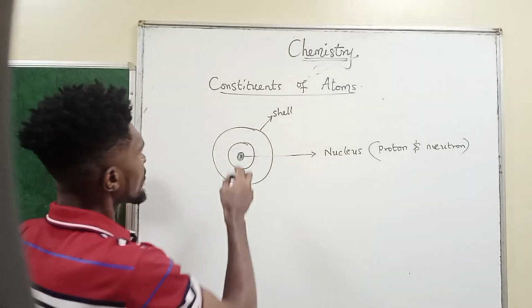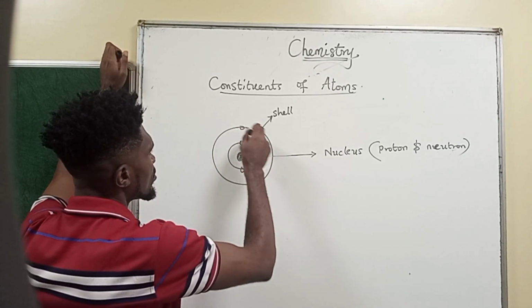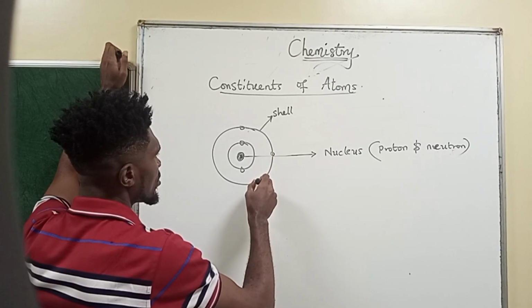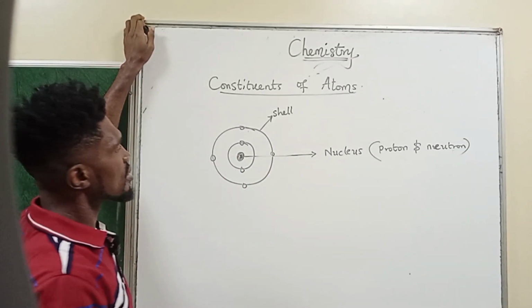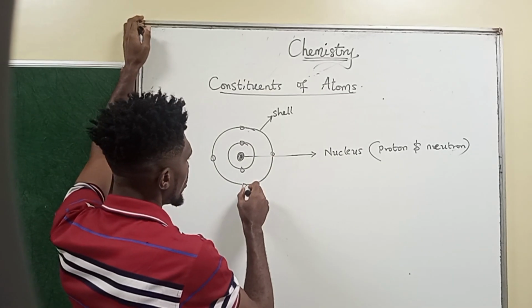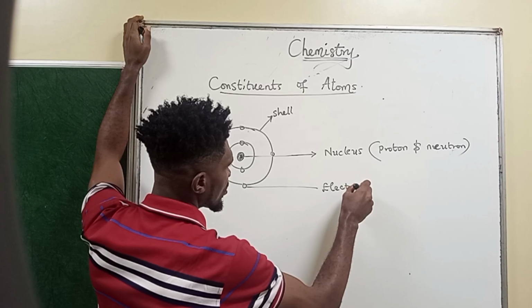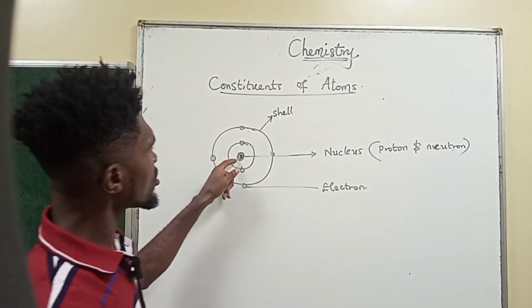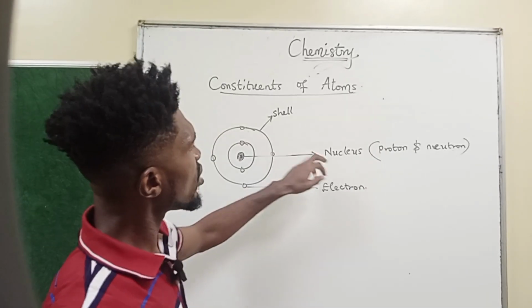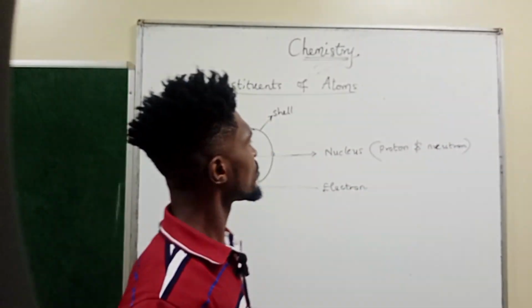Okay? And then we have something which is revolving around. That which is revolving around is called electron. Okay? So you remember we mentioned that the nucleus, which is the dense center, contains proton and neutron.